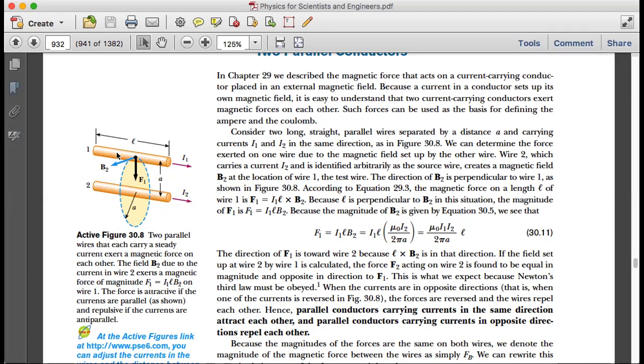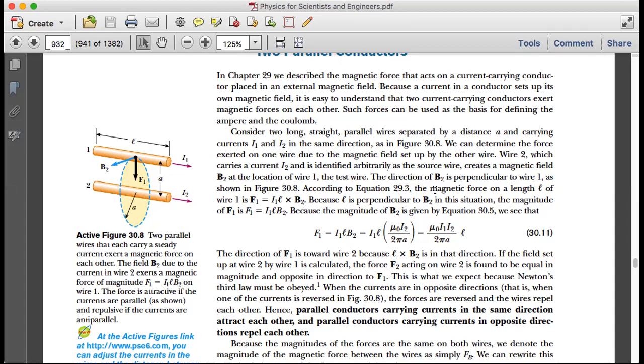Then we get this force F1, whose direction is toward I2. So F1 is I1 L B2, but B2 comes from the second wire, mu 0 I2 over 2 pi a.